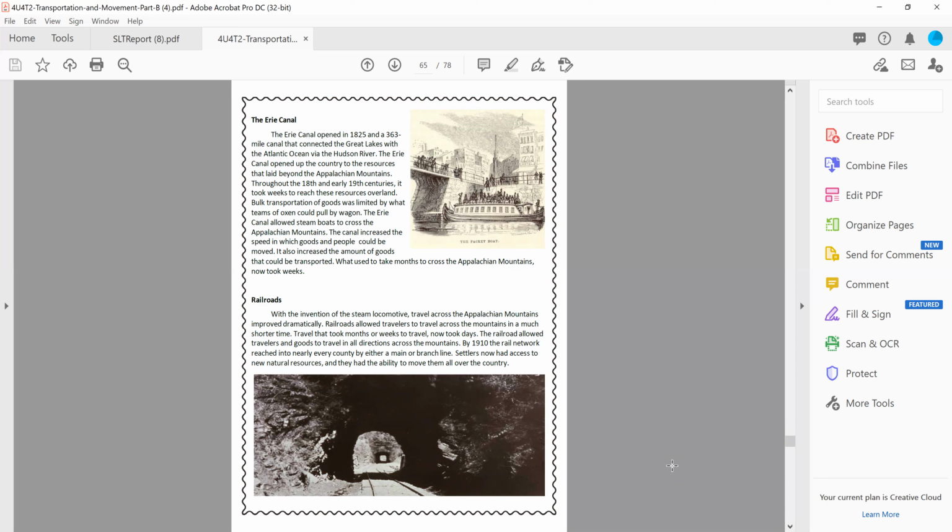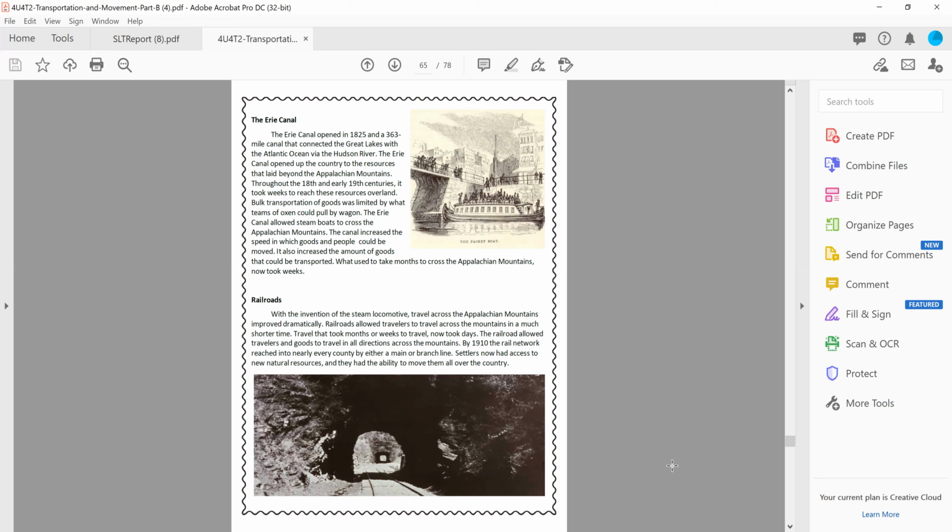Bulk transportation of goods was limited by what teams of oxen could pull by wagon. The Erie Canal allowed steamboats to cross the Appalachian Mountains. The canal increased the speed in which goods and people could be moved. It also increased the amount of goods that could be transported. What used to take months to cross the Appalachian Mountains now took weeks.